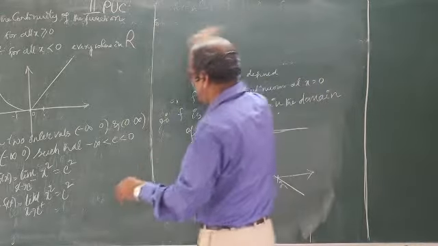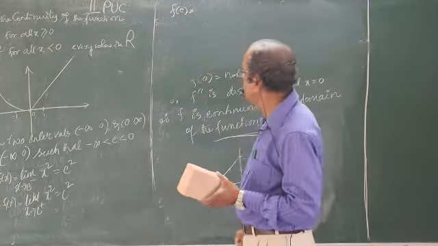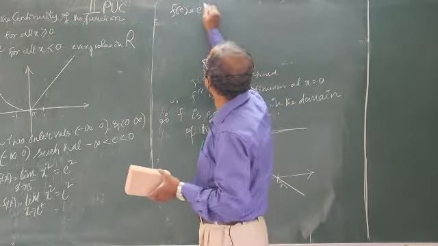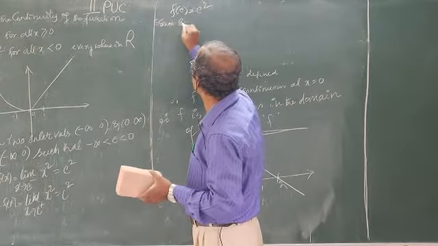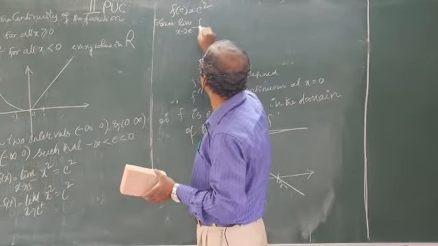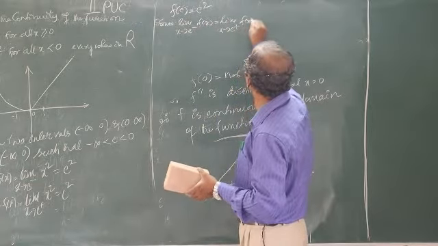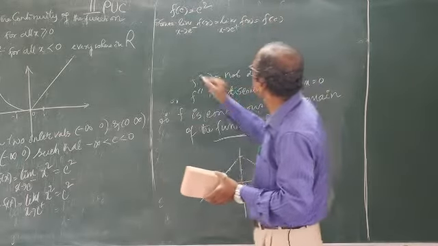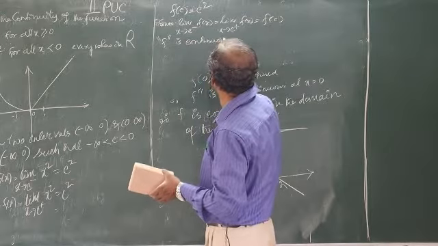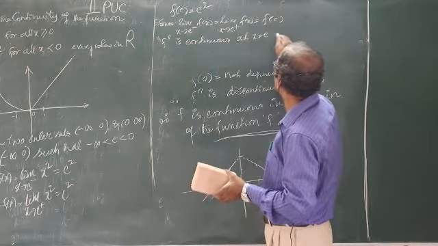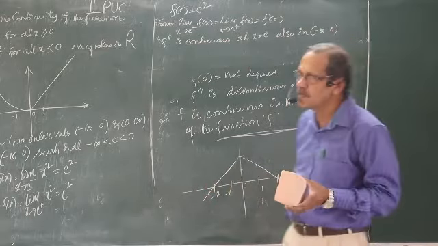And next, f of c equal to c square. All the three are equal since limit x tending to c minus f of x, limit x tending to c plus f of x equal f of c. f is continuous at x equal to c also in the interval minus infinity to 0.